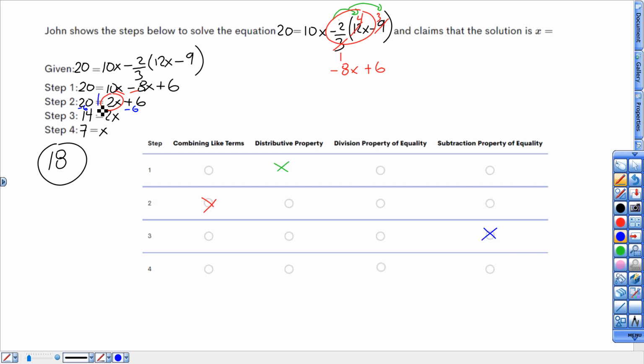And then looks like the last step is dividing that 2 out, dividing that 2 equally on both sides. If I do the math to both sides, keeps that equation equivalent. Gives me x is 7. So that dividing by 2 is the division property of equality. All right, let's move on.